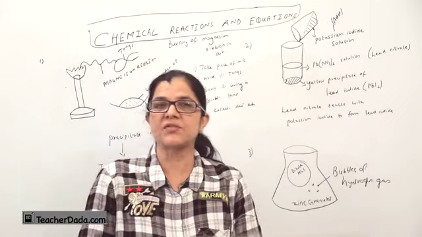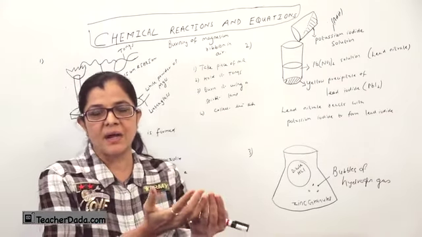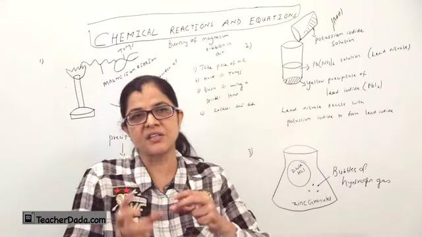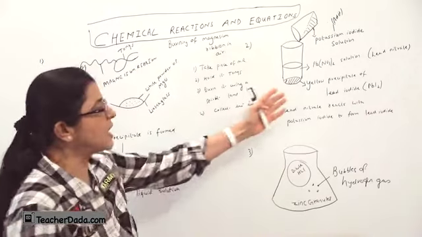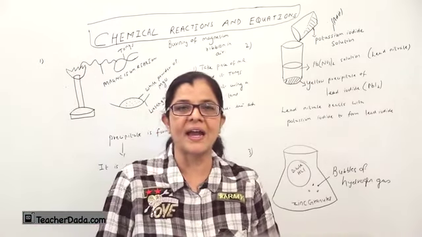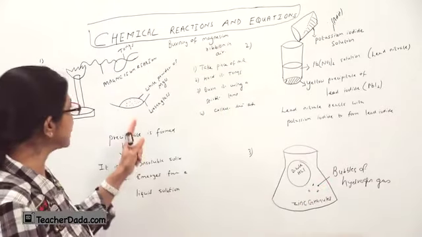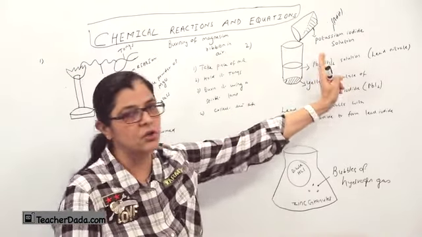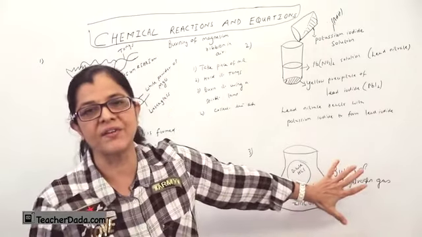Like I gave you the example of change in state: if I take ice and keep it outside the freezing temperature, it turns into water, so solid changes into liquid. Change in color, I gave you about that, the yellow precipitate. Evolution of gas, hydrogen gas is given out. Formation of precipitate, the example was lead nitrate solution. And change in temperature, when you touch this, you can feel the heat.